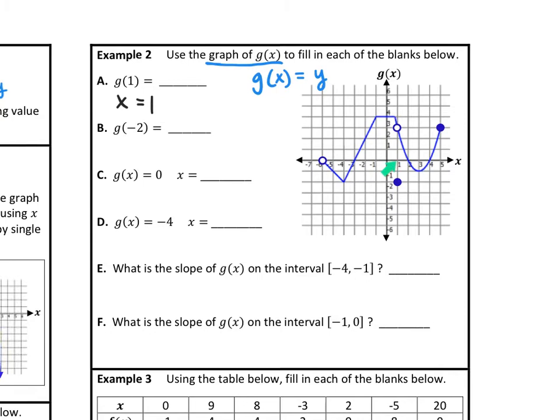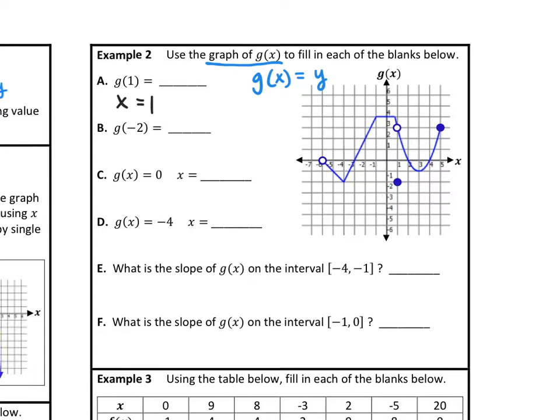What is my y value? So if I look for my y going up, there's a hole there. So it's like if there's no point on the graph if I go up. But what if I go down? Oh, I do find a point.